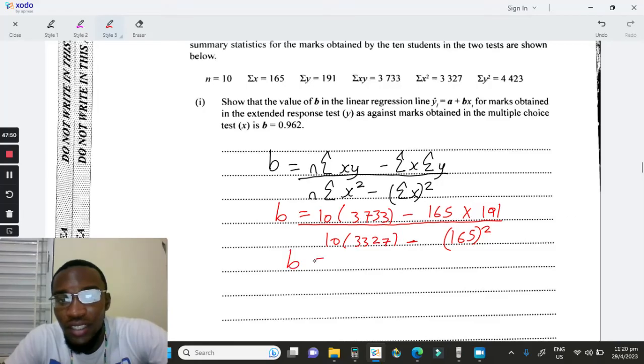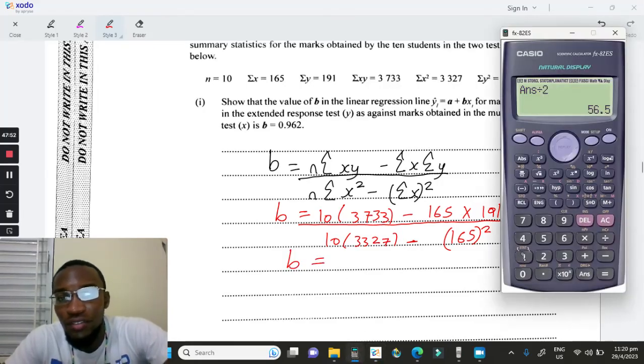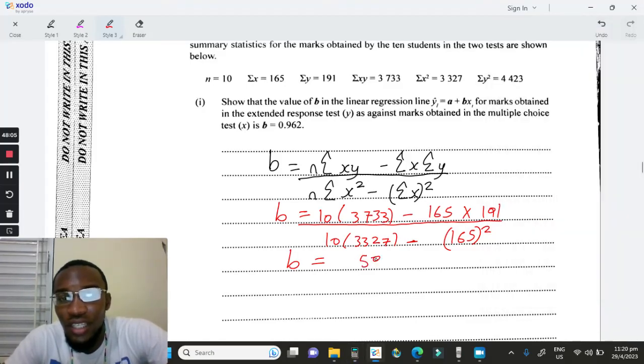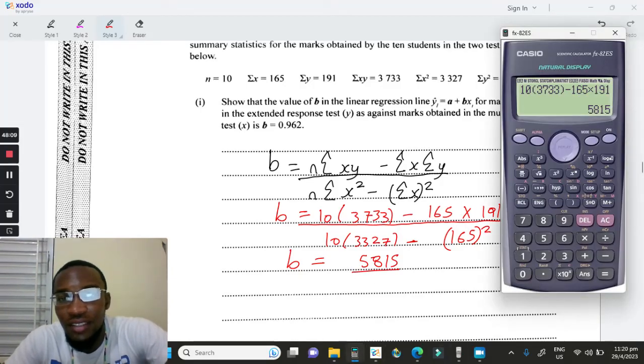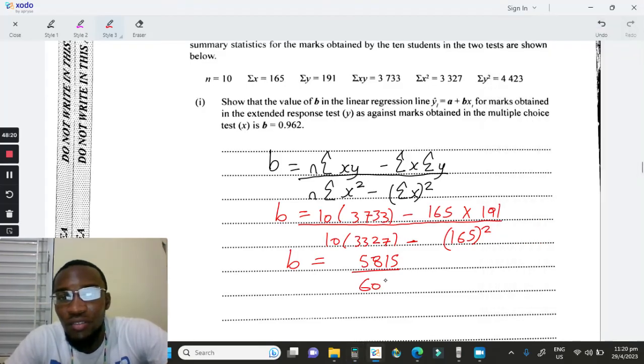Then you put that in a calculator. I'm going to work out the numerator first. 10 in bracket 3733, close the bracket, minus 165 times 191. That gives us 5,815, divided by 10 times 3327, then we subtract 165 squared, and we get 6,045.